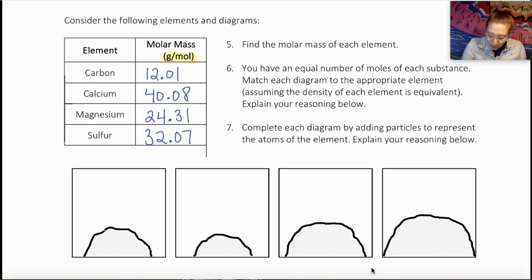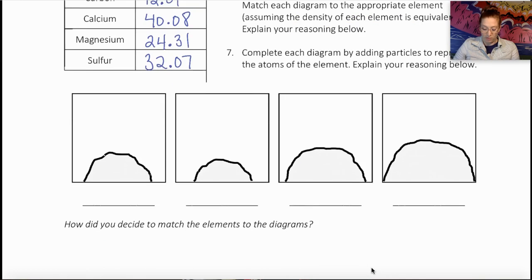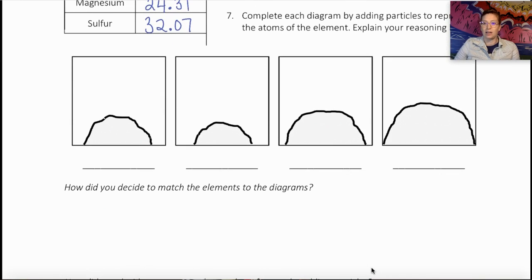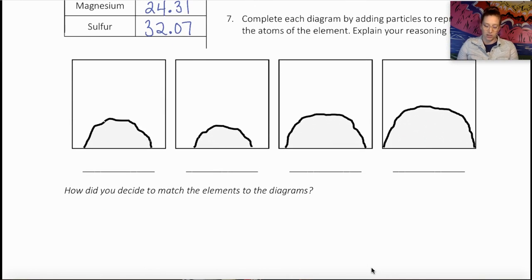We have an equal number of moles of each substance, and we want to match the diagram to the appropriate element, assuming density is equivalent, and explain our reasoning below. So I'm going to do what we did before, and talk through our reasoning first before we match these up.